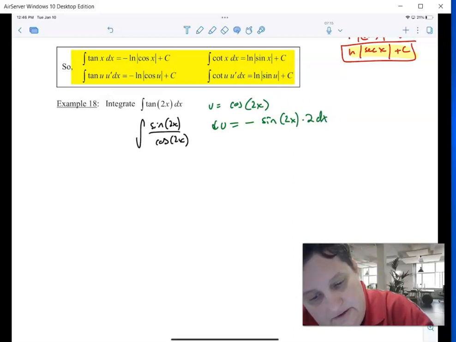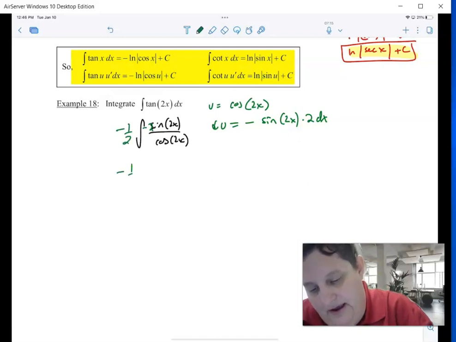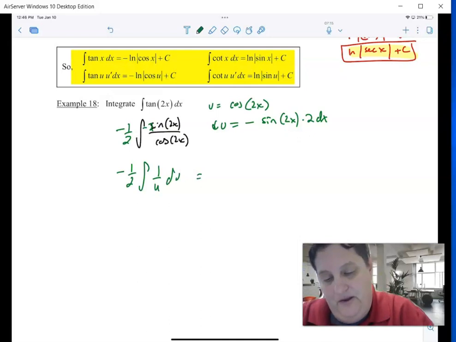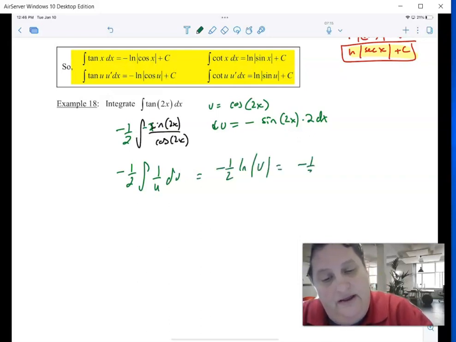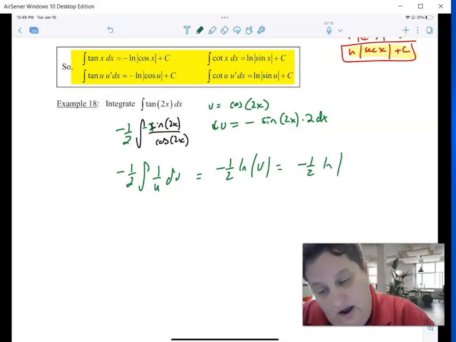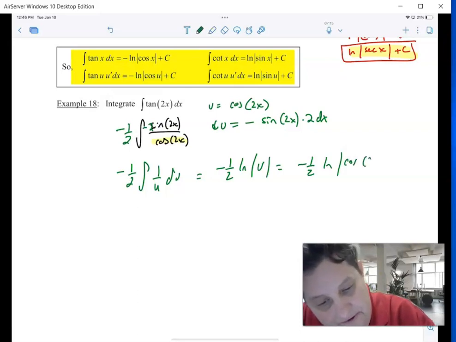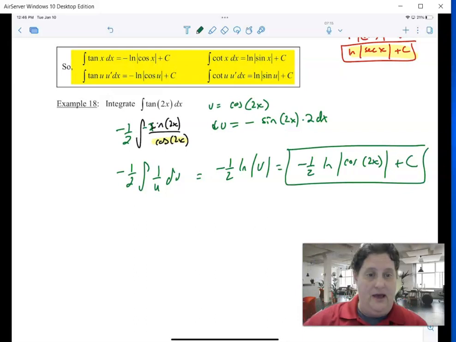The dx goes here. Sorry about that. Which means I need to put a negative 2 and a negative 1/2. And then I have 1 over u du. Okay? So I get negative 1/2 ln of u, so I get negative 1/2 ln of my original u, which was cosine 2x, plus c. And we're done, okay?